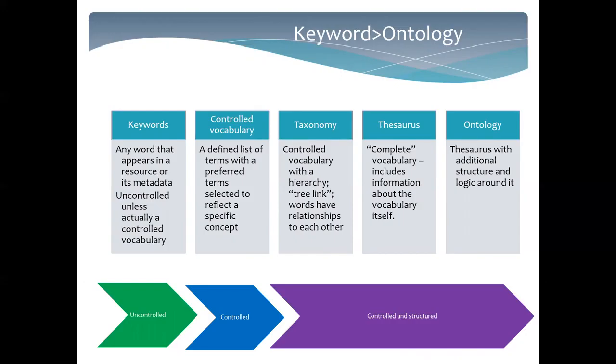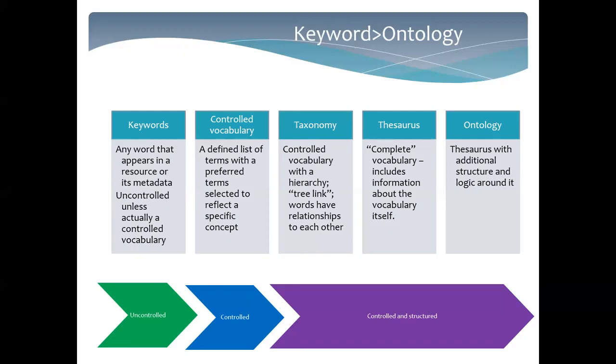And for what we think about in terms of the web, a lot of what we see is really keyword driven. So these are any word that appears in a YouTube title, or appears in a YouTube tag, or appears in a blog post, or anything like that. So it's any word that appears in a resource or its metadata.